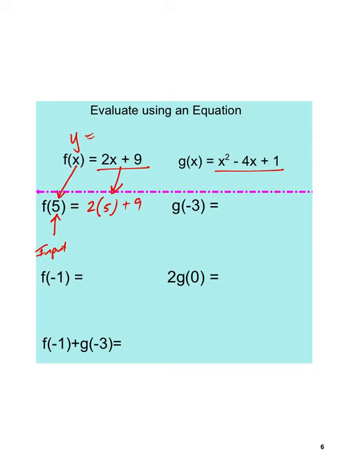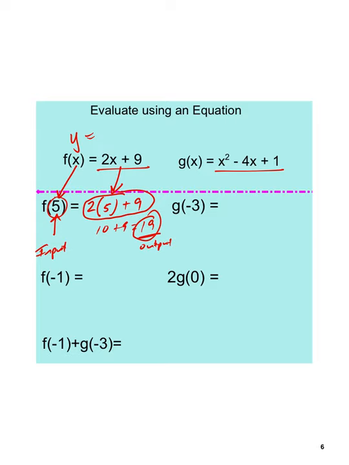So that's 2 times 5 plus 9, which is 10 plus 9, or 19. So here is your output. Again, input is the 5, the machine is putting it into the function, and the output is your final result. And we could continue doing that here.